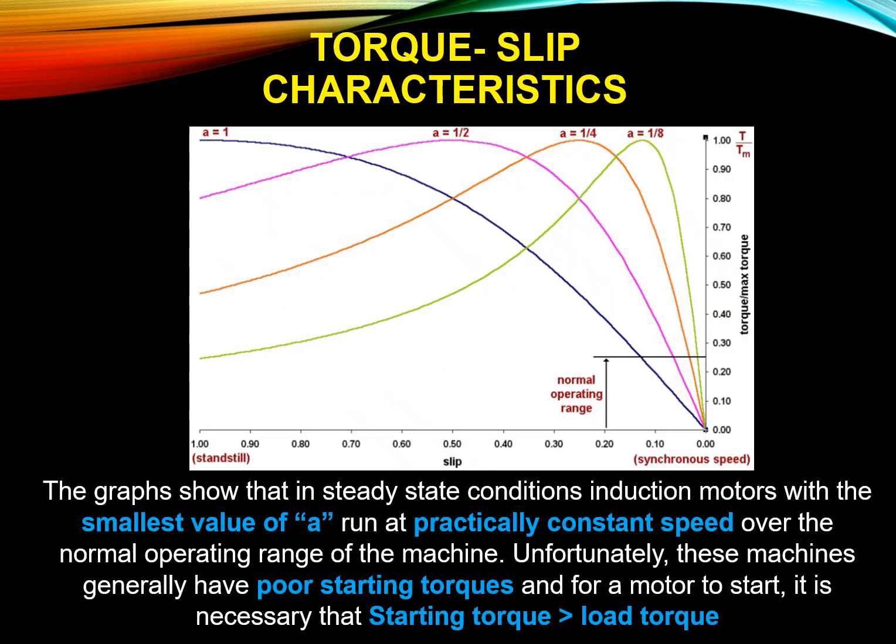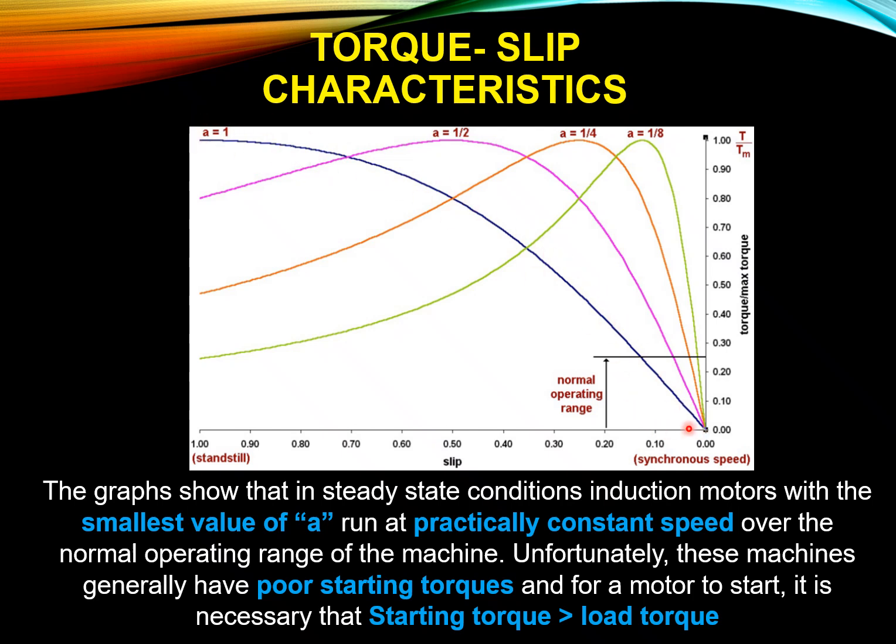Okay, torque-slip characteristic. We can relate the torque and also slip using this curve. This curve is torque versus slip. You can see that as the slip increases, the graph is reducing.